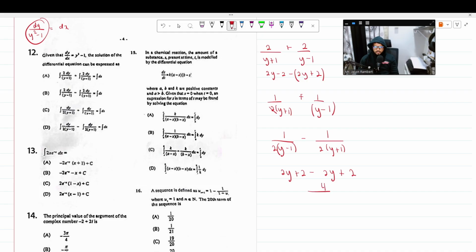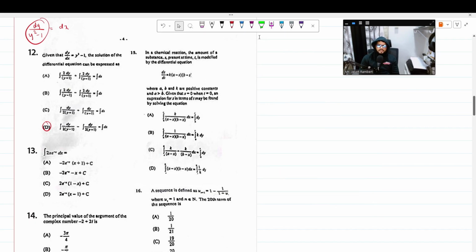So I'll get 4 on top, and when I multiply the denominators, I'll get 4 into y minus 1 into y plus 1. And the 4 and the 4 cancel. 1 over y squared minus 1. So the answer is D. Yes, it might be a lot of maths, and partial fractions might have been the easier way, but this is just another avenue we can take to go ahead and solve number 12.